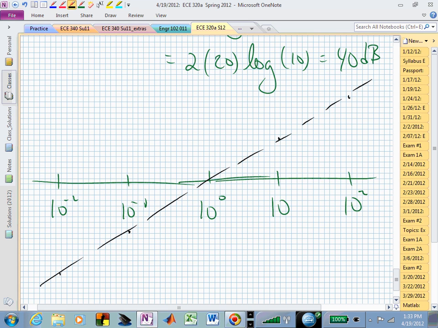Here is my gain piece. This is now 40 dB. I have a break due to omega equal to 0.1, and I have another break at, was it 10? So this one now is going like this.